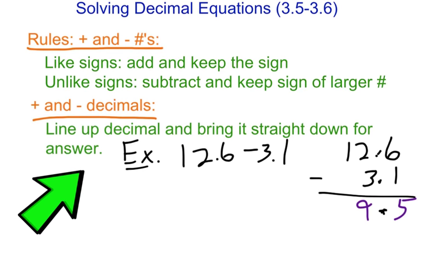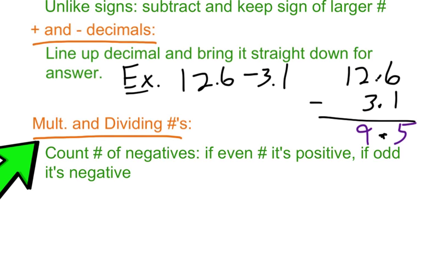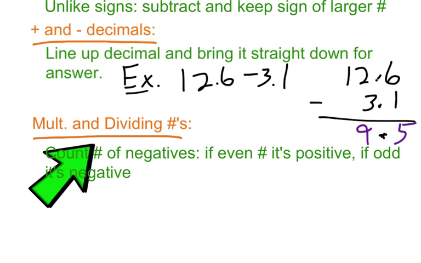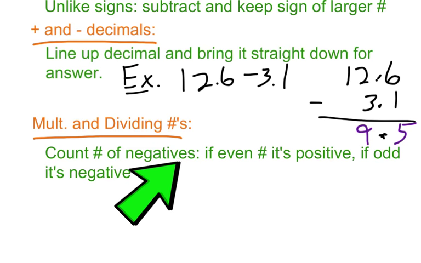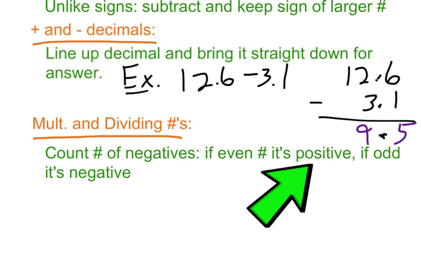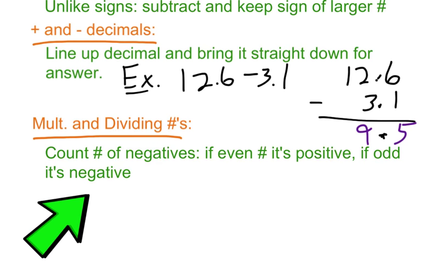All right, we've talked about adding and subtracting decimals. Let's move on to multiplying and dividing. So multiplying and dividing any numbers with negatives, we want to count the number of negatives. If it's an even number, it's going to be positive. If it's an odd number, it's going to be negative. So just a quick example there.